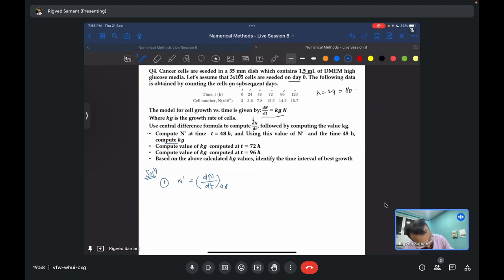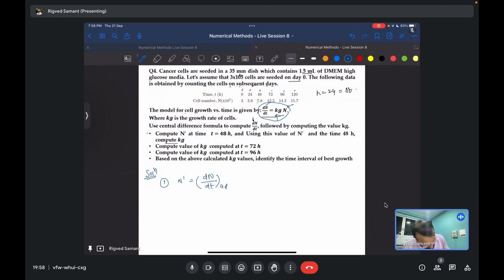You will get the value of n dash, and from this formula you will get this value. You will know n from the table: n at 48 is 7.8. So the first thing is to use the central difference formula to find the value of n dash.